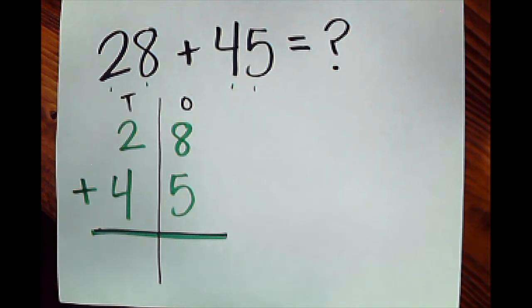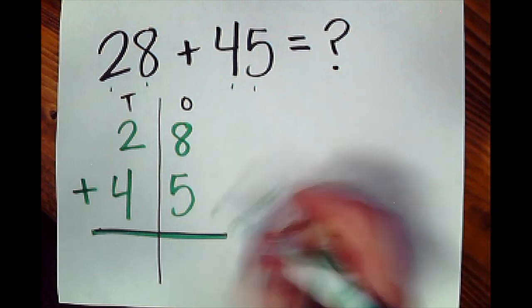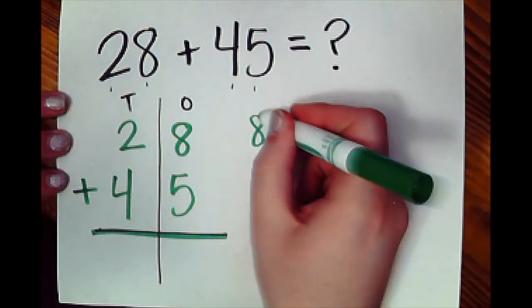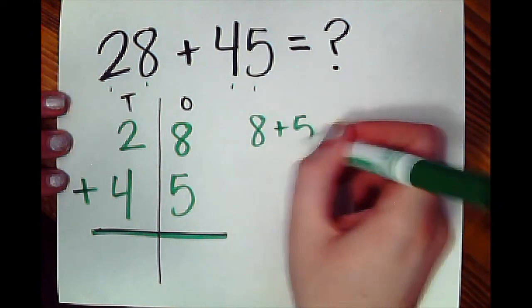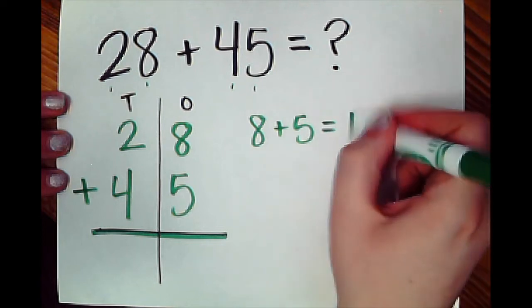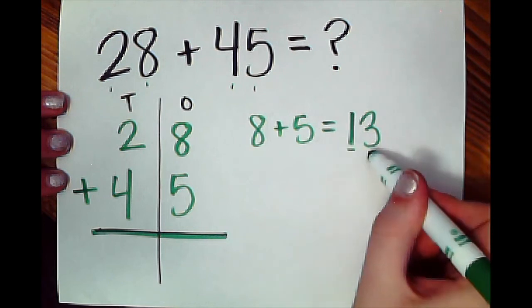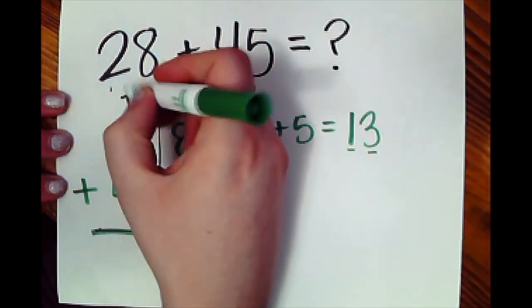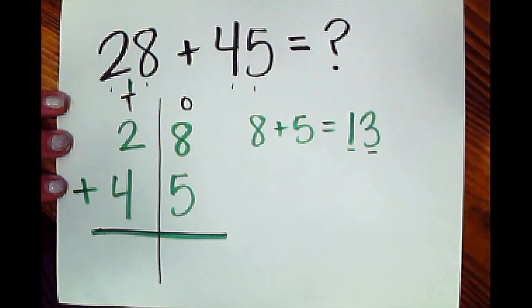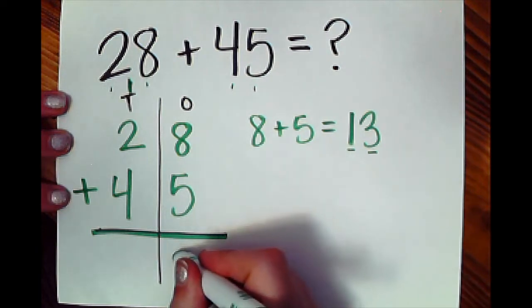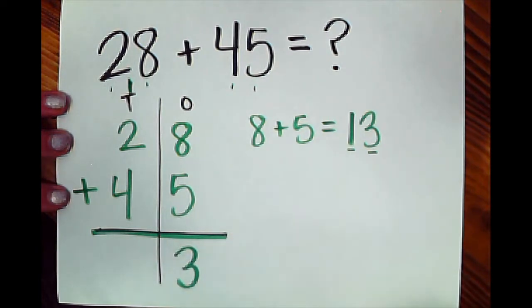Now I can solve this just like I did last week by adding my ones first. 8 plus 5 makes 13. 13 is a 10 and 3 ones. So I'm going to carry my 10 up here, and I'm going to have my 3 ones in the ones column in the sum.